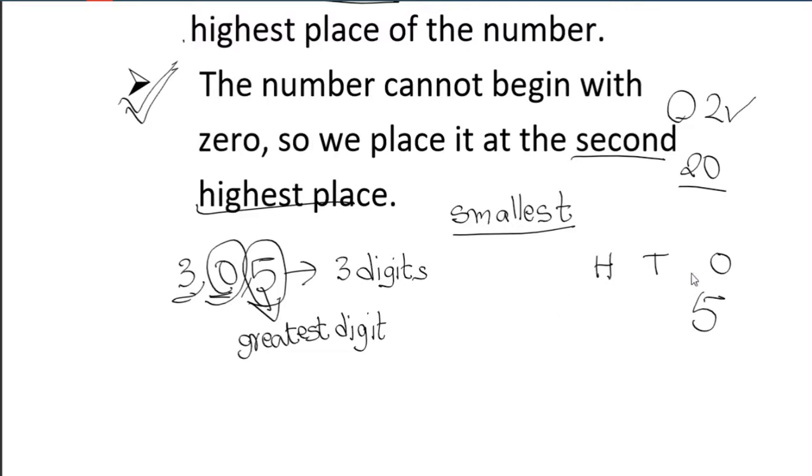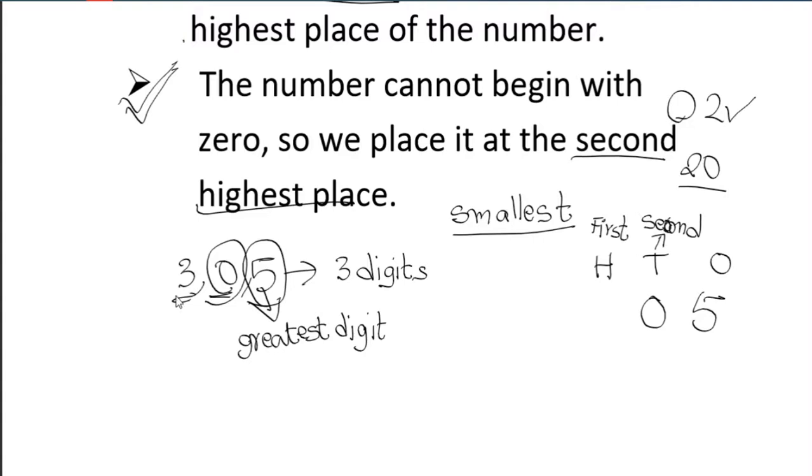Among these places, which is the highest place? 100 is the first highest place and 10 is the second highest place. So you have to write the 0 in the second highest place, that means in the tens place.